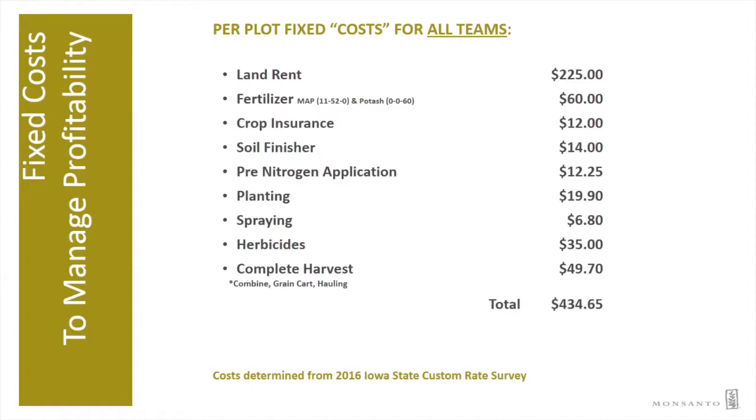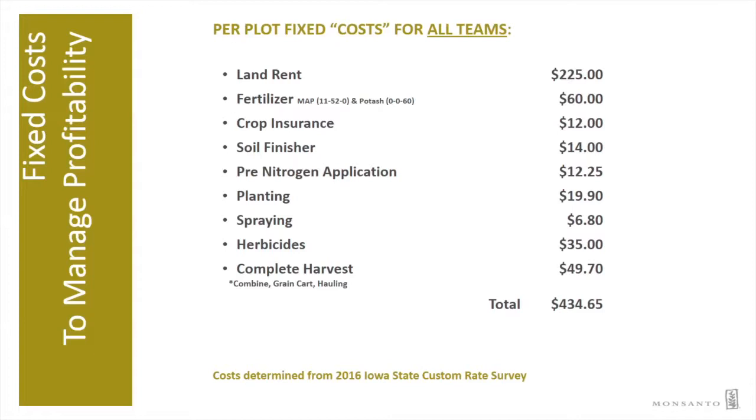A dry fertilizer program of phosphorus and potassium there of around $60 per acre. Crop insurance, that's a given year decision. It can be anywhere from $10 to $20. We're going to go with a $12 rate there for crop insurance, and then we get into a soil finisher application, which would be $14 to the acre.